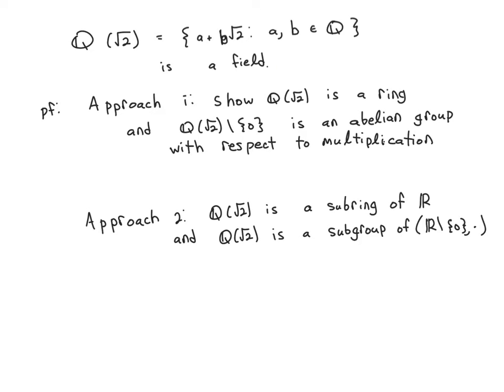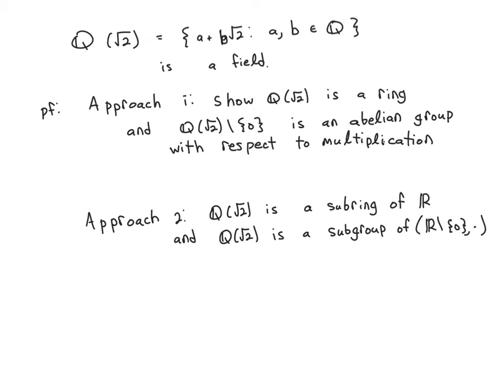At this point in the course, I'm going to point out that there are two ways you could prove this claim. The first would be to go through the effort of showing that this is in fact a ring, the hard way, and then show that the non-zero elements form an abelian group with respect to multiplication.